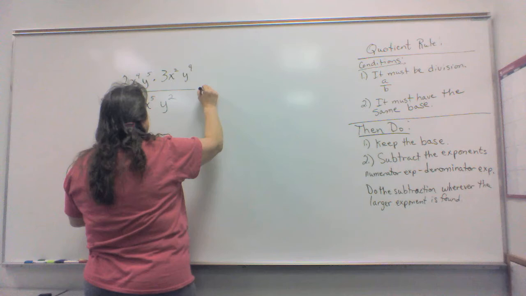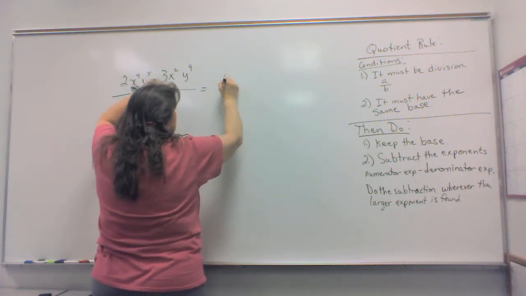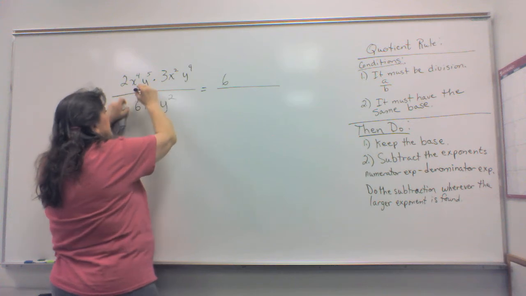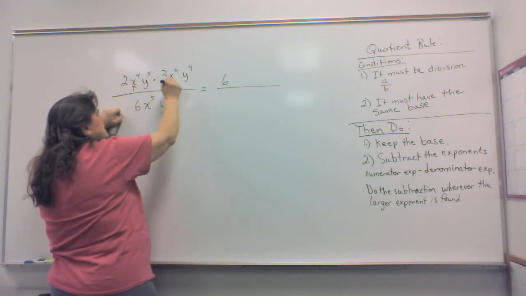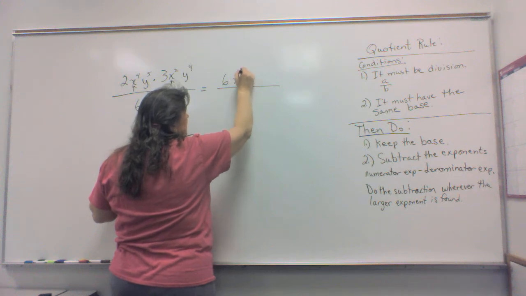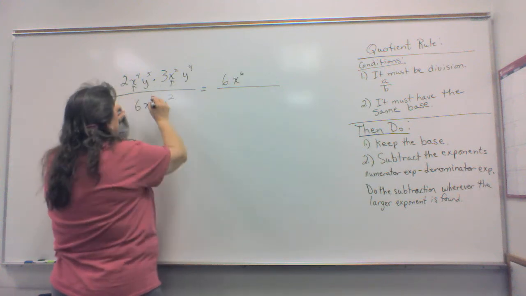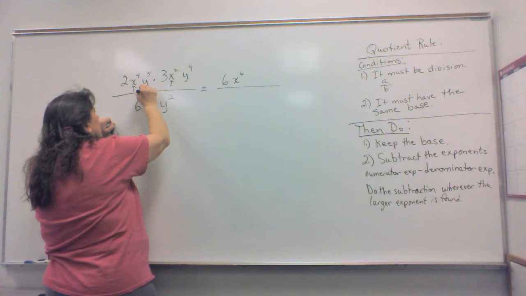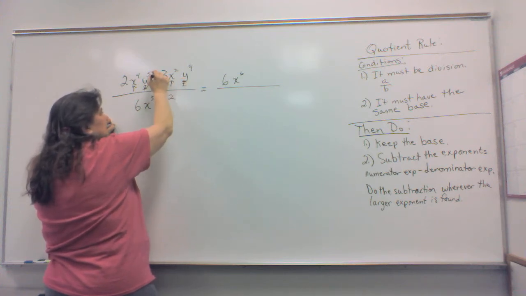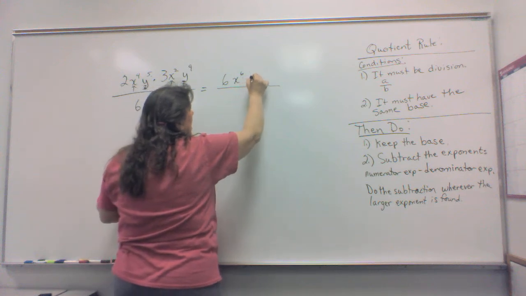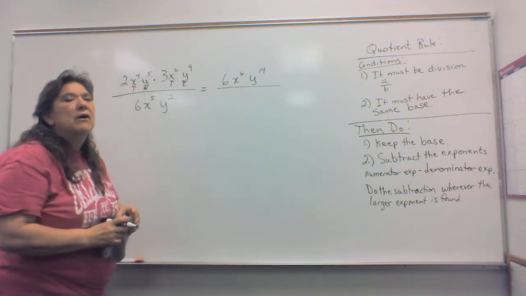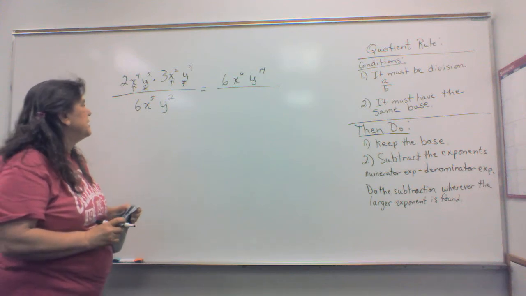This is going to equal 2 times 3, which is 6. X to the fourth times x squared, here's your same base, so x to the 4 plus 2, which is x to the 6th power. And y is the same base, and I have the 5th and the 9th, so I have y to the 14th power, because 9 plus 5 is equal to 14.